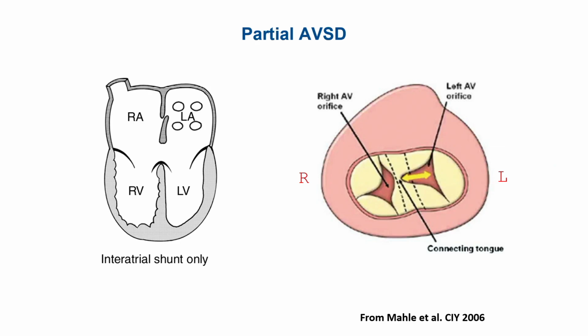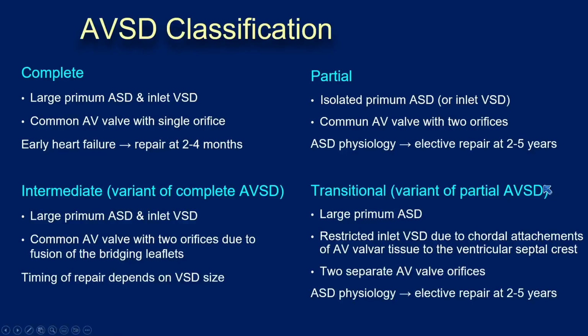It is just the opening between the anterior superior and the inferior bridging leaflet. But as you can see, if you look at the left AV valve, this is no more a bicuspid valve. It's now functionally a trileaflet valve. And even if you do surgery and separate this, this will be a trileaflet valve, not a normal valve. The right AV valve here too has 3 leaflets if you separate this.